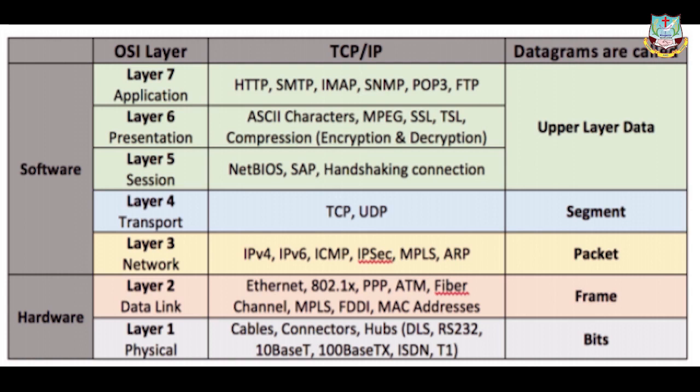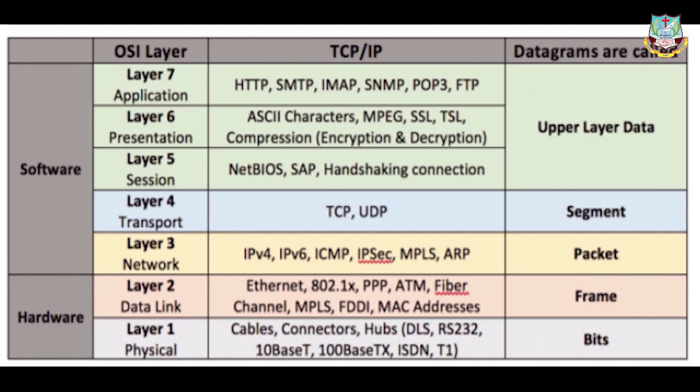And the sixth layer is the presentation layer. The presentation layer does the translation of the data from one layer to the next layer. It will prepare the data for the application layer. Presentation layer is the sixth layer and the seventh layer is the application layer. The encryption and decryption protocols occur in this layer only.